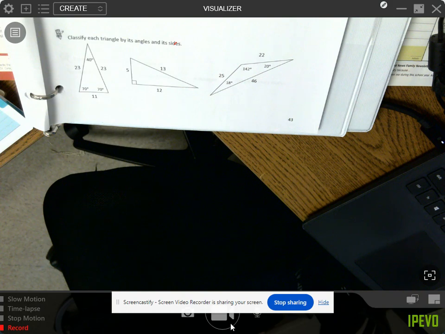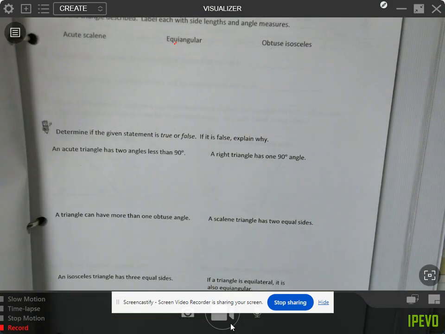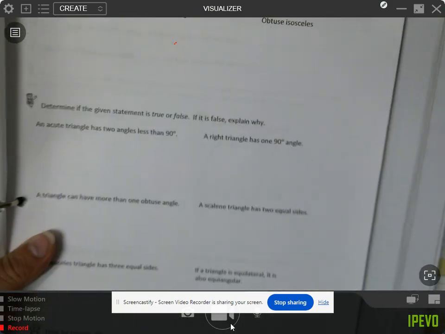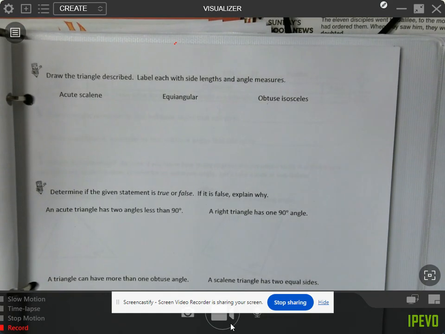Second page. So you will have to finish the first page. Draw the triangle described and label lengths and measures. So you will have to think through acute scalene, equiangular, and obtuse isosceles.